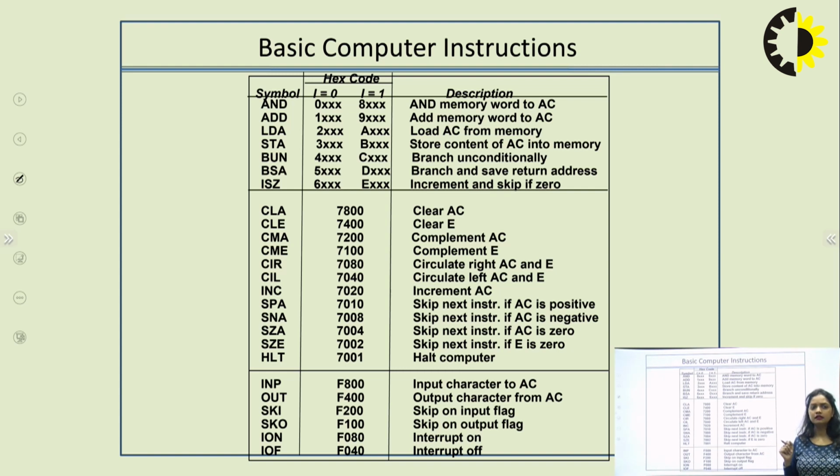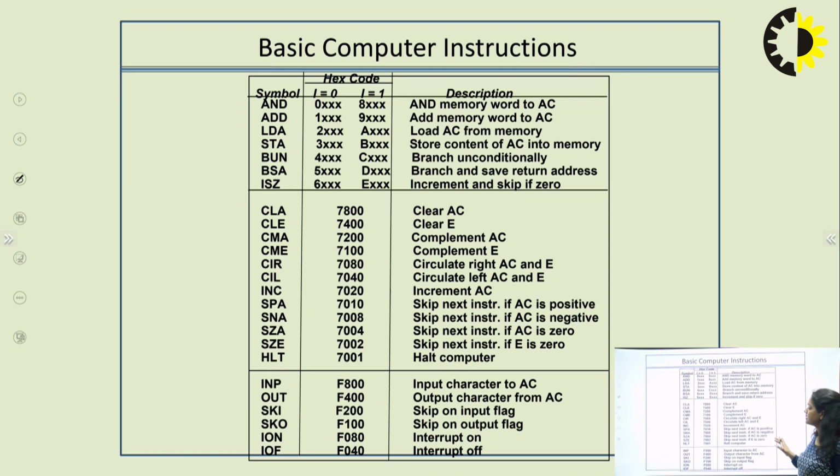Now next is these 3 types of instructions. As I said earlier, the memory reference instructions are 7 different types of instructions. The first one is AND, then ADD, LDA, STA, BUN, BSA and ISZ. And the respective codes will be like 000 with 0, 001 with 0, then 010 with 0, that combination in hexadecimal form.